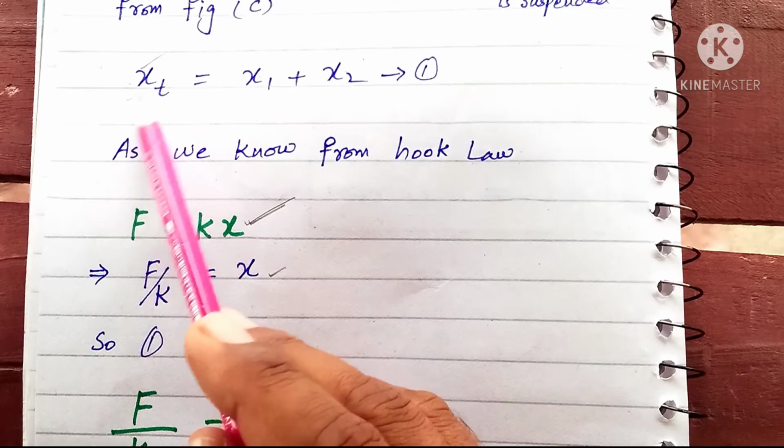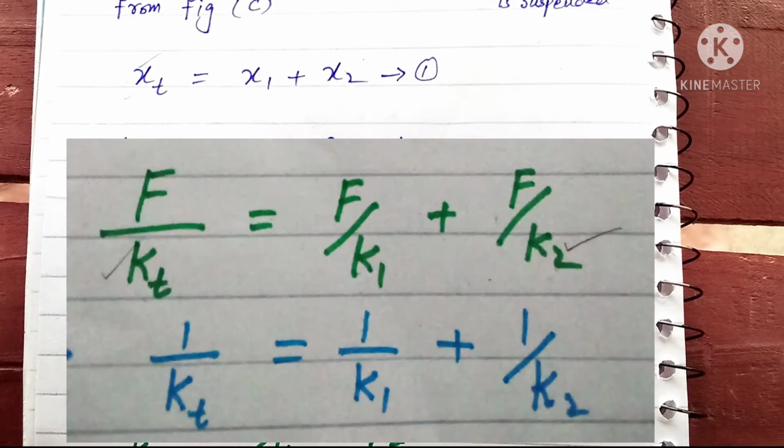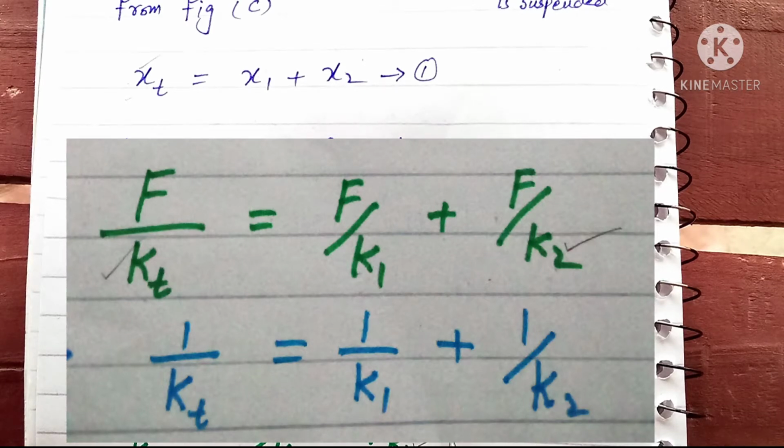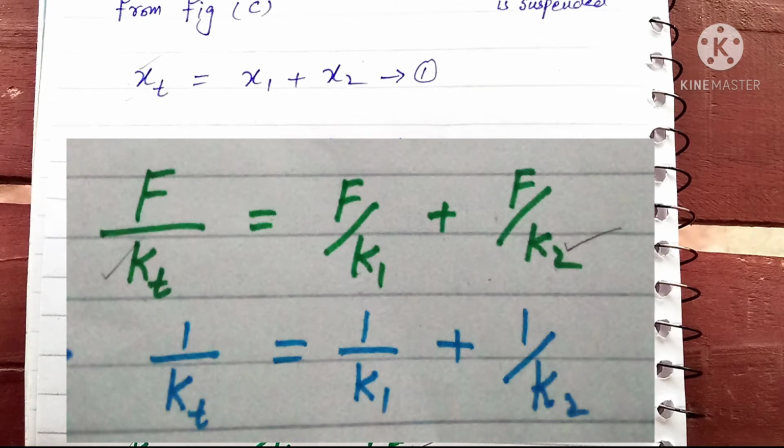So xt will be F over kt is equal to x1, which is F over k1, plus F over k2. Here k1 is the spring constant for spring 1 and k2 is the spring constant for spring 2, and kt is the total or equivalent spring constant.